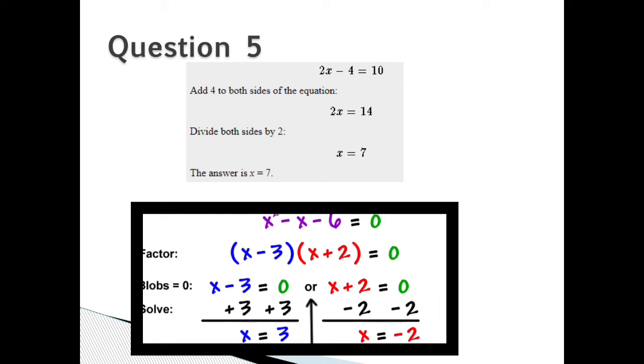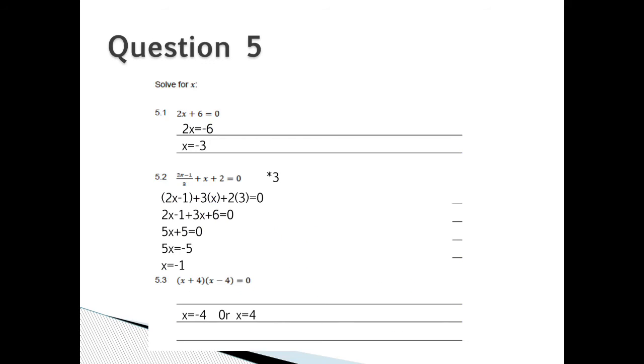You first identify the factors, so (x minus 3) times (x plus 2) is equal to 0. Then x minus 3 is equal to 0, or x plus 2 is equal to 0. When you solve for x, you will realize that x is equal to 3, or x is equal to minus 2.